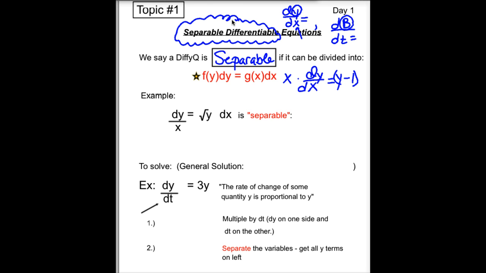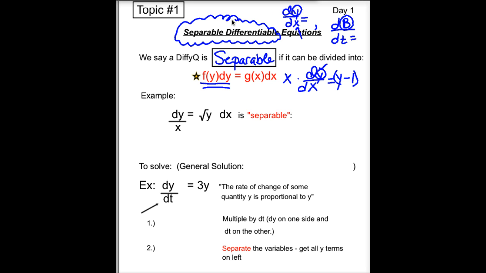This isn't separated because I've got my differential with my x terms on one side, and then I've got my y stuff over on the right. So all we do is some manipulation. I want to solve for the top of this fraction, the dependent variable in the differential equation. So I need to get everything that has a y in it on the left, and everything that has an x in it over on the right.